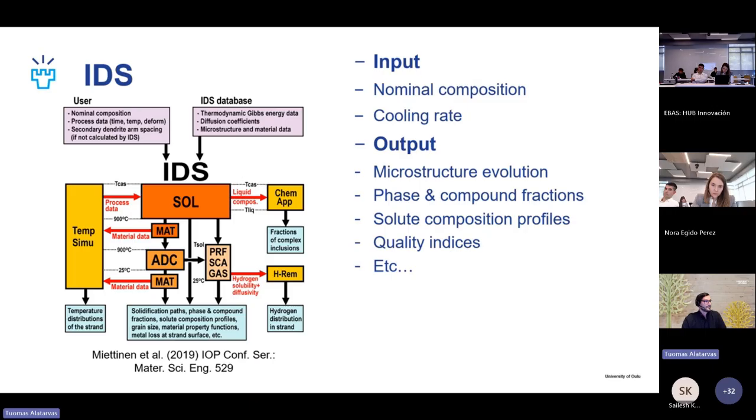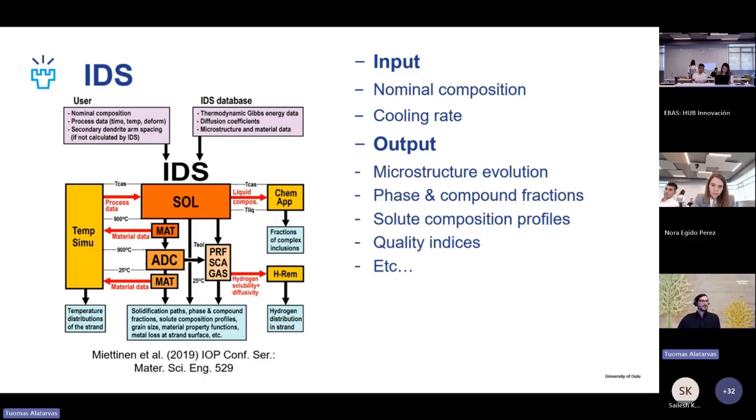And as inputs, we only need the nominal composition of the steel and the cooling rate. So the cooling rate can be either input as a fixed or constant cooling rate, or then we can use temperature profiles. And the output of IDS contains different kinds of data as a function of temperature.